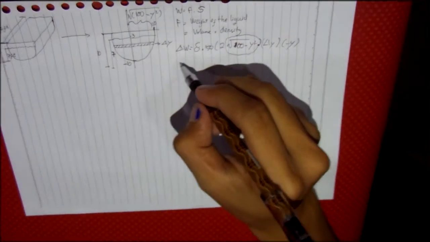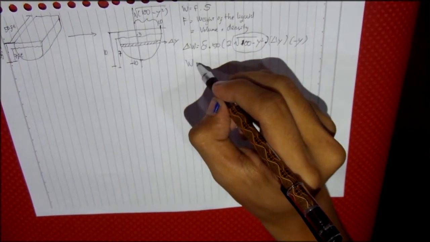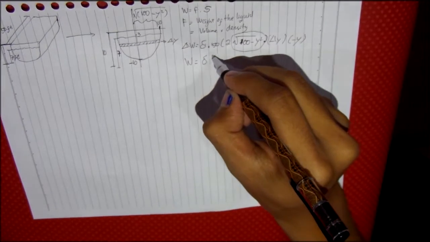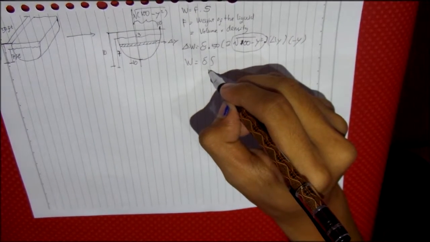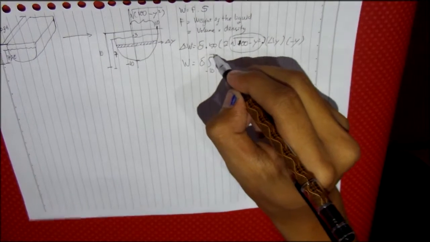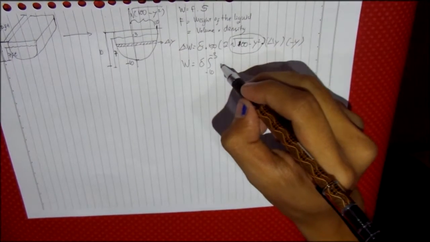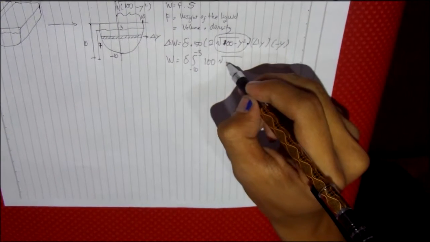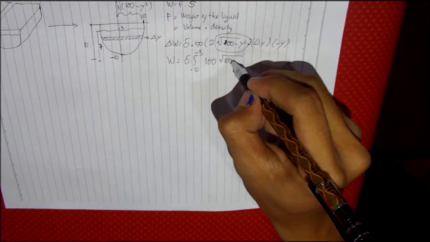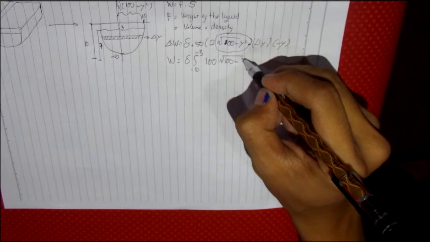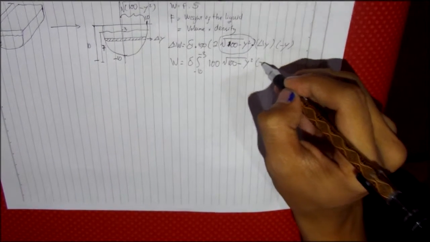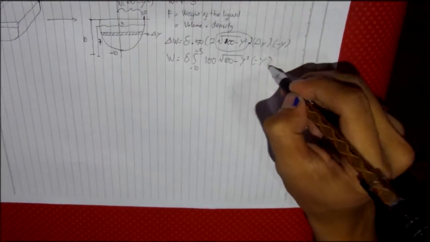So the equation to integrate is density, from minus 10 to minus 3, times 100 square root of 100 minus y square, times minus y dy.